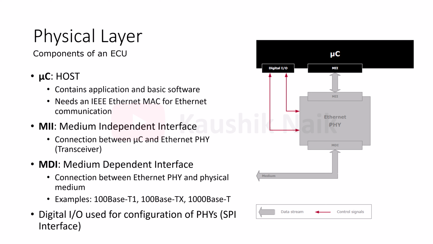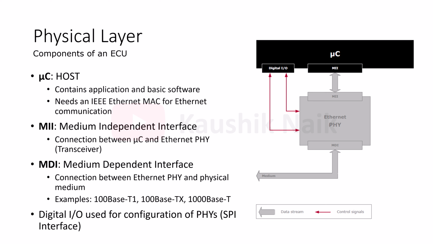Next we have something called Ethernet PHY. This is a hardware interface used as a transceiver module. The interface between the microcontroller and Ethernet PHY is called MII, which is Medium Independent Interface. We also have Medium Dependent Interface, that is MDI, which is the connection between Ethernet PHY and the physical medium.